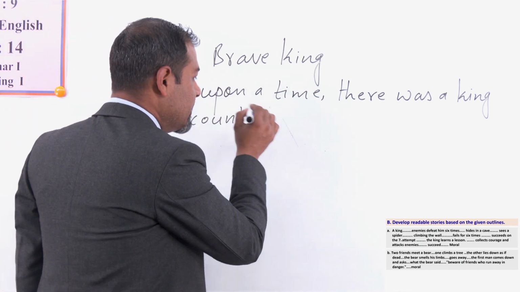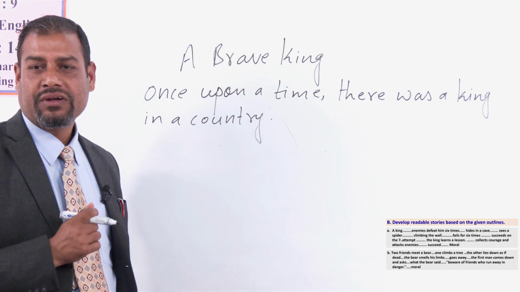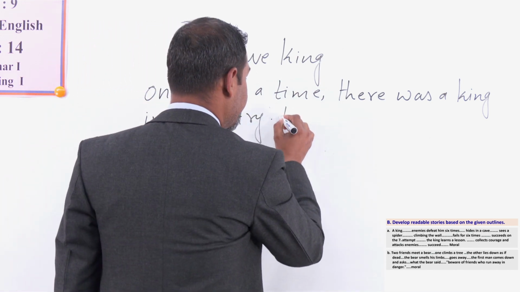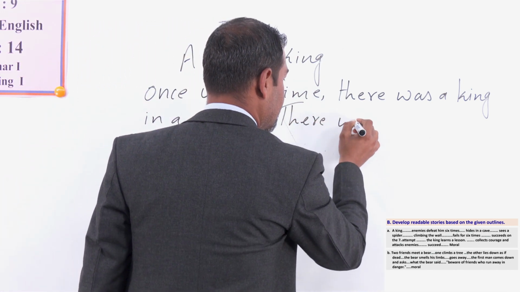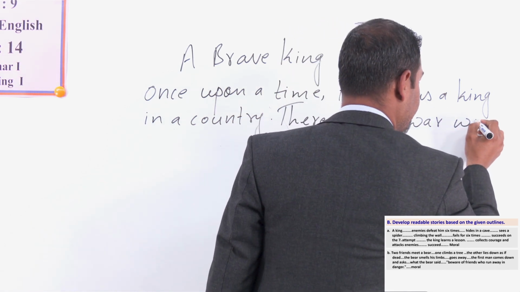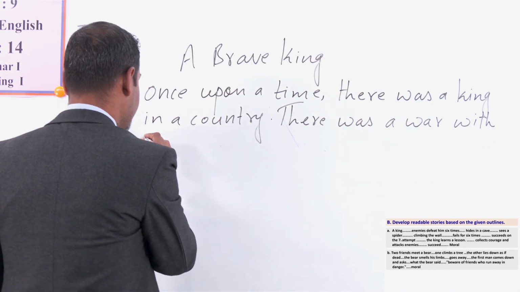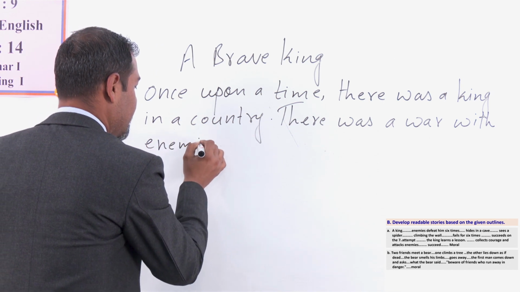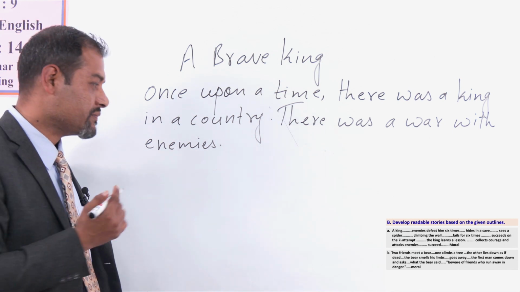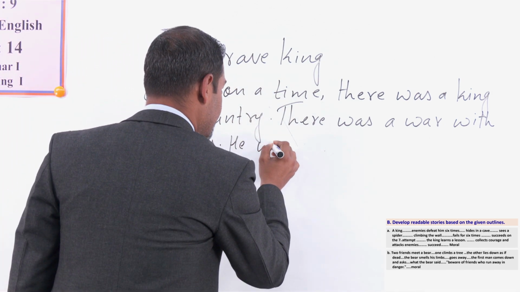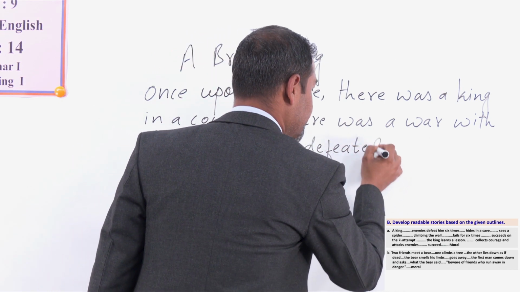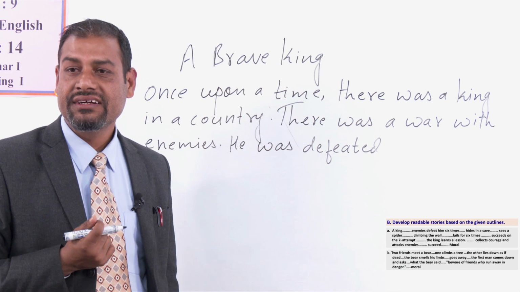Okay. Now, you can see another outline there. Enemies defeat him 6 times. See, you can write down: There was a war with his enemies. Next line you have to develop again. Yes, he was defeated. Then how many times is given there? 6 times.